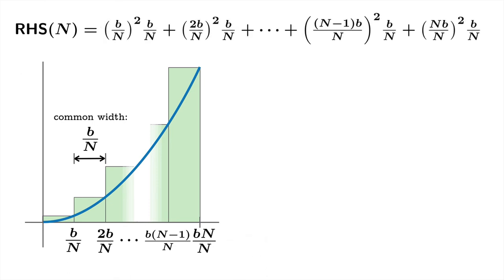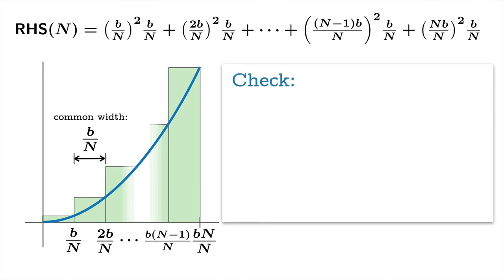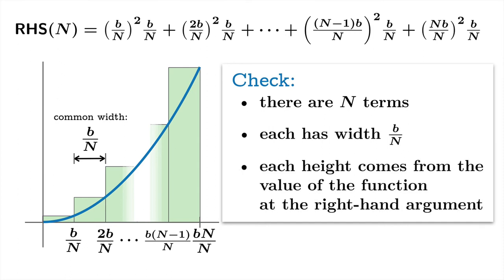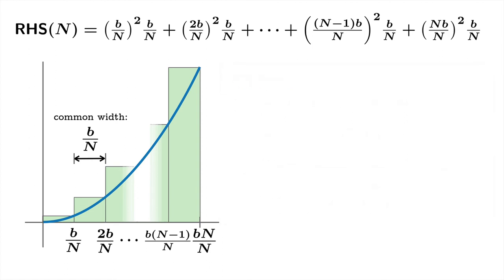Here's our right-hand sum. You should check there are n terms, just as there should be. Each has width b over n, and each height comes from the value of the function at the right-hand argument. There's going to be, this time, a common n cubed in the denominator, and a common b cubed in the numerator. So we can factor out all of that and get a sum of squares.